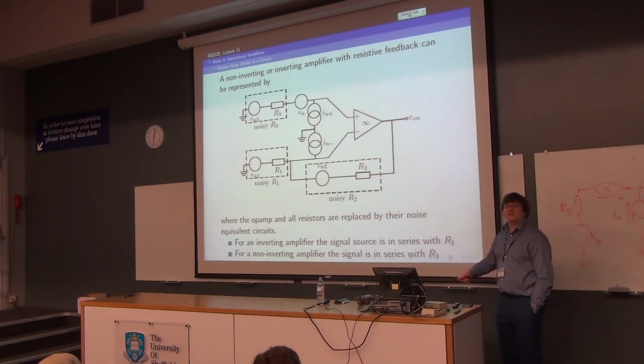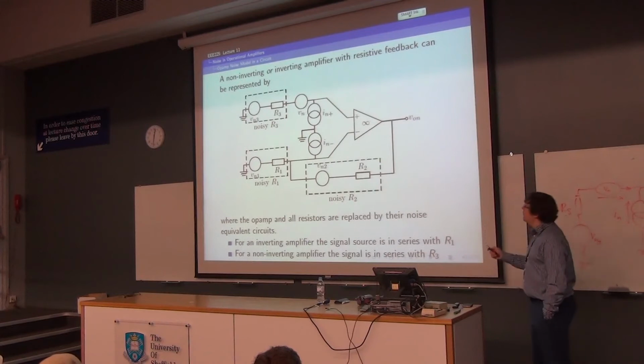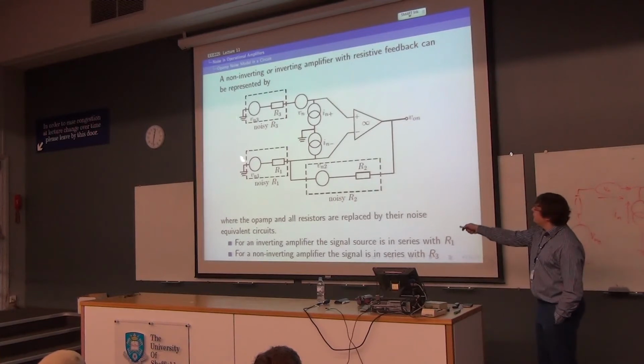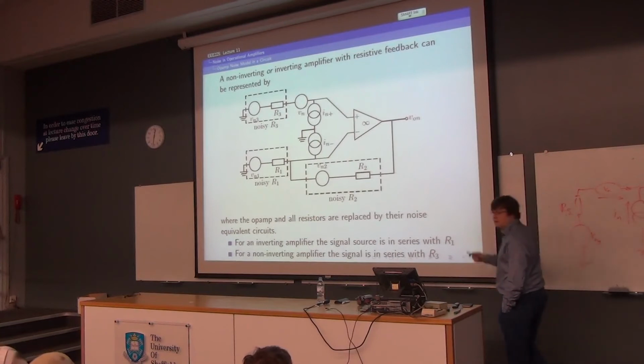I have to derive it every time, I can't remember the equation. 1 plus R2 over R1, there we go. If, on the other hand, I wanted to make an inverting amplifier, I'd be hooking this point to ground, put my source here, a signal source, and my gain would be minus R2 over R1. So I could make either with this.